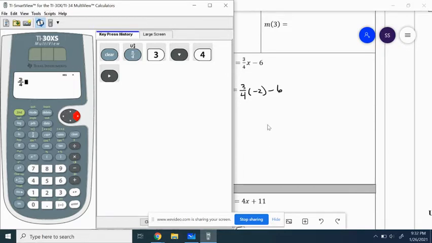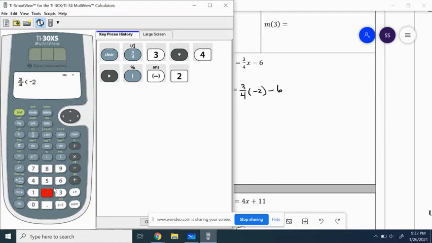Now we could just type in times -2, but let's type it in exactly the way we see it. Let's use our parentheses. And this is really important. Think about this key as the subtraction key, where this is the key you want to use for negative numbers. This attaches the negative to the number.